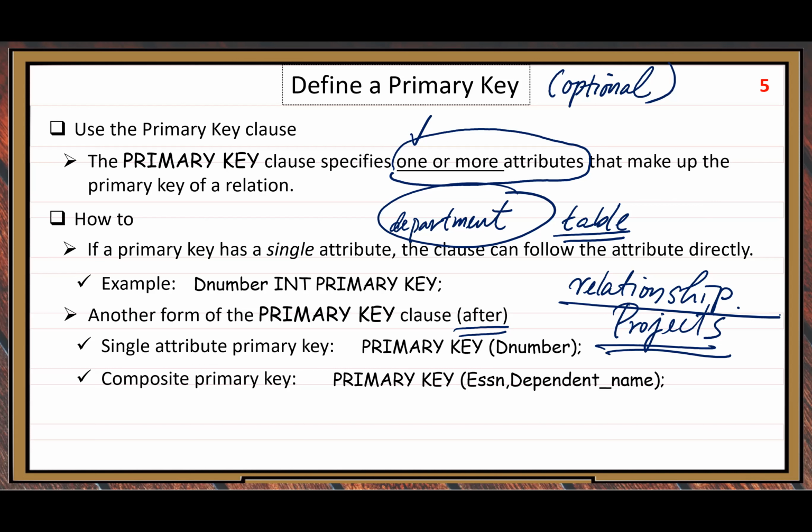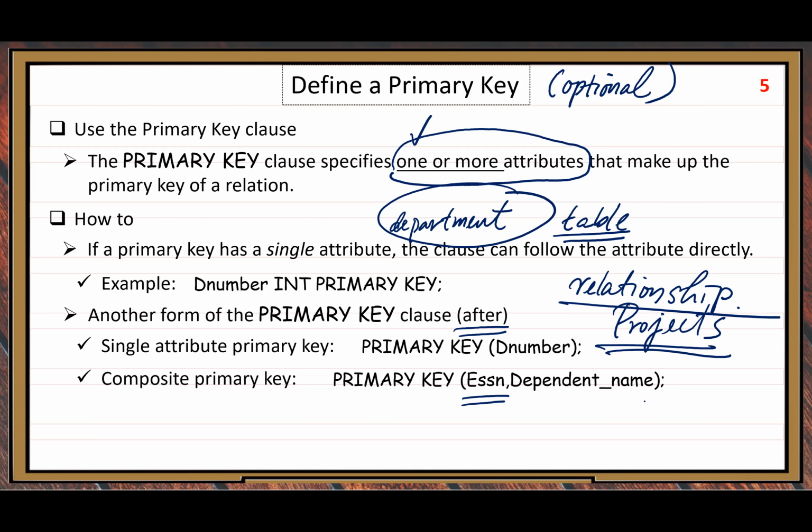If you just look at ESSN, employee social security number, that won't be unique, because the same employee may appear multiple times for different projects. Department name is also not unique, since one department may have several projects.